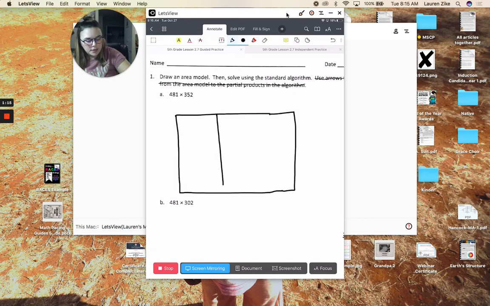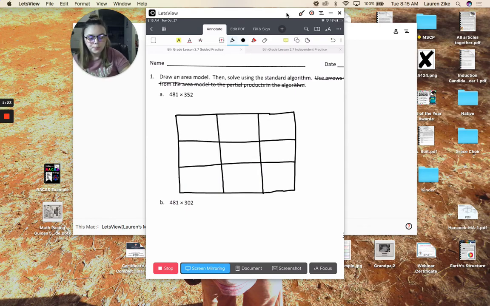We're going to divide it into three spaces this way, and then into three spaces this way. And then we're going to break our numbers up into 481 and 352.